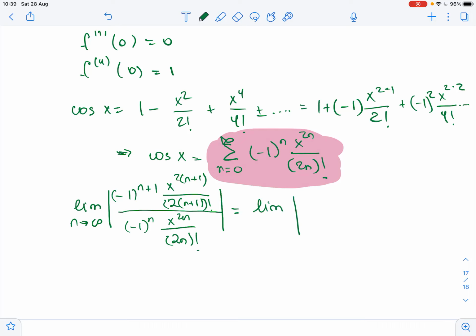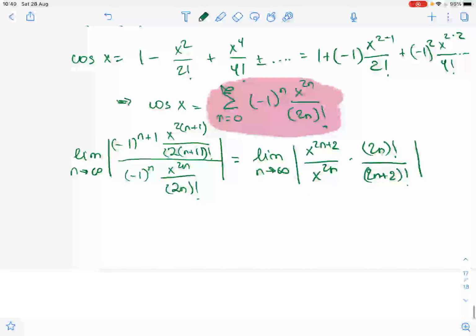This equals the limit of the absolute value of x to the power of 2n plus 2 over x to the power of 2n times 2n factorial over 2n plus 2 factorial, and n approaches infinity.